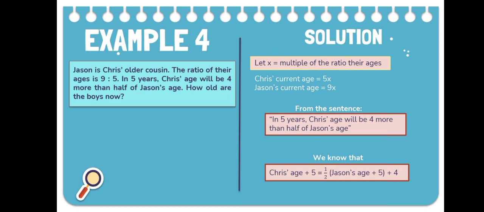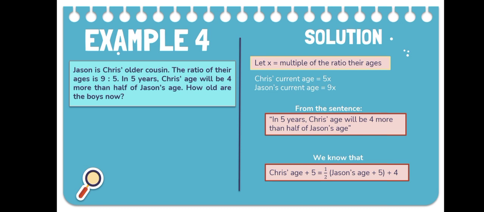Example number 4. Jason is Chris' older cousin. The ratio of their ages is 9 to 5. In 5 years, Chris' age will be four more than half of Jason's age. So the question is, how old are the boys now? Let x be the multiplier of the ratio of their ages.